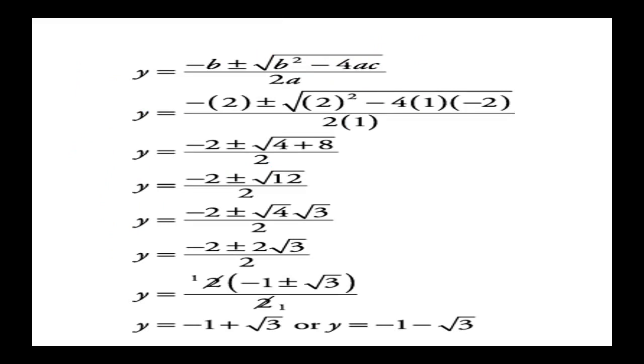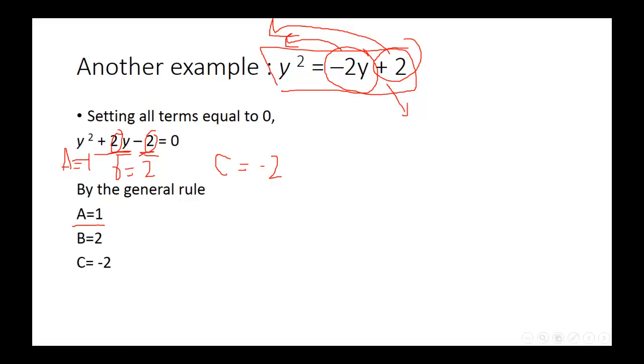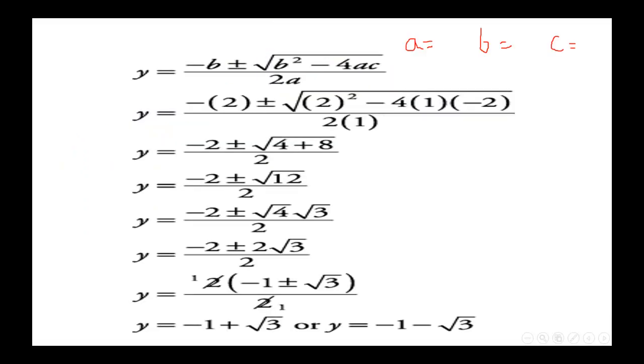So y equals negative b, positive or negative, square root of b power 2 minus 4ac over 2a. If you substitute the numbers, a equals 1, b equals 2, c equals negative 2.